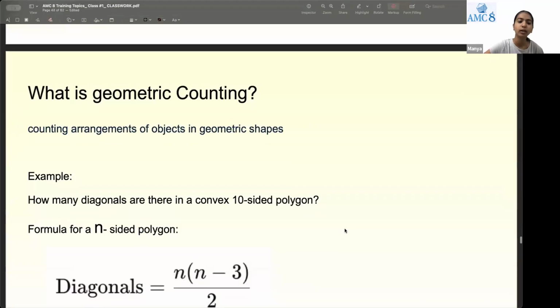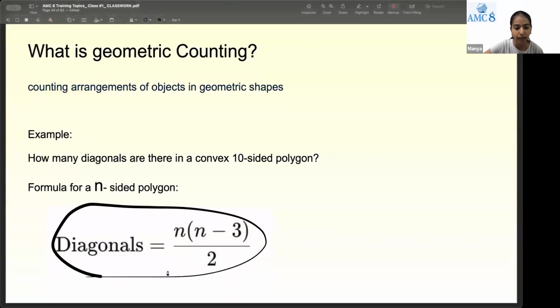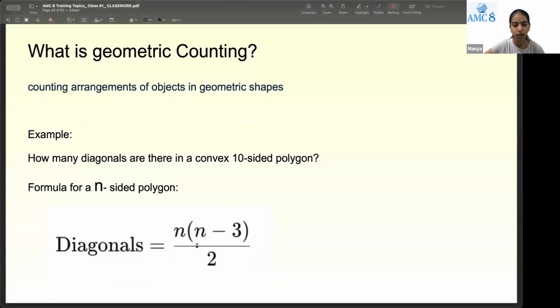So there's a formula for this. This is the total number of diagonals on an n-sided polygon. N just means the number of sides of the polygon, so n would be, in this case, 10.